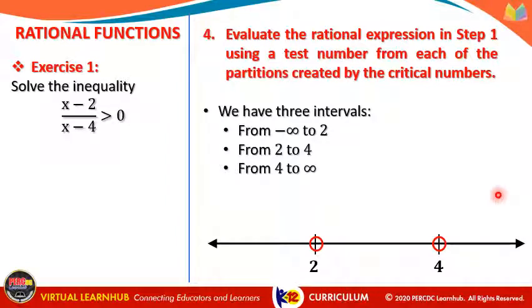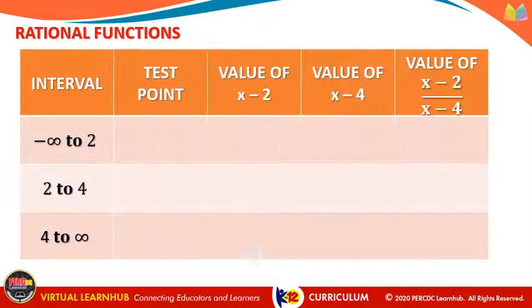Ano ulit ang kailangan natin gawin? Diba? Ang goal natin ngayon is malaman ano ang sign ng x minus 2 over x minus 4 if nasa negative infinity to 2 siya, if siya ay nasa 2 to 4, or if ito ay nasa 4 to infinity. So, ang gagawin natin ay hindi ba mag-a-assign tayo ng mga tinatawag na test points.